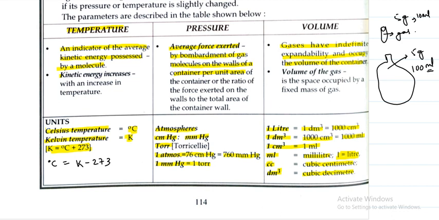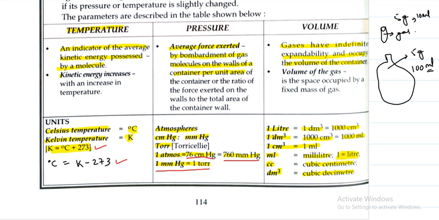Let us recap once again. 1 Kelvin is equal to how much? 0 degree Celsius plus 273 Kelvin. If you want to convert Kelvin to degree Celsius, you have to subtract 273. Okay. Then 1 atmospheric pressure is equal to 76 centimeter of mercury or 760 millimeter of mercury, and 1 millimeter of mercury is equal to 1 torr.